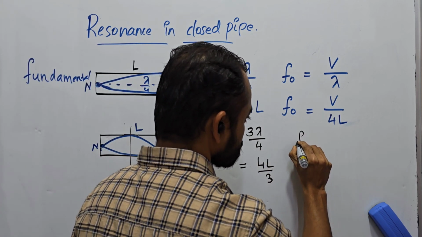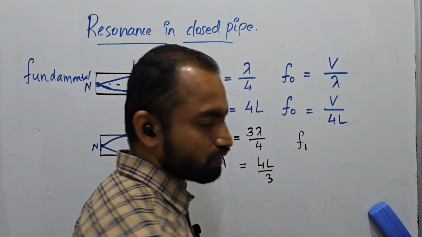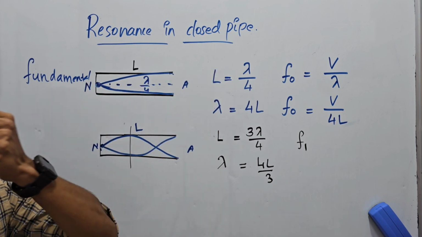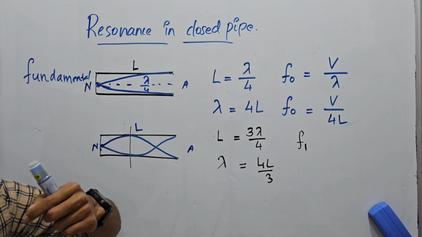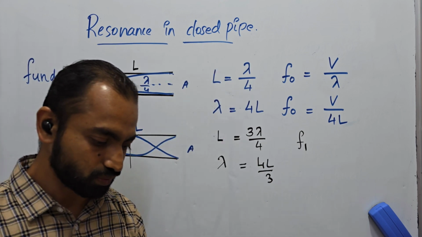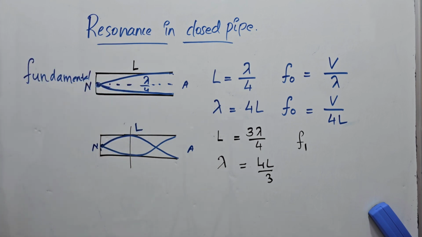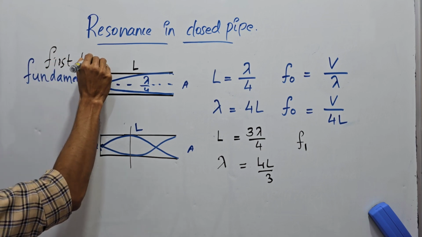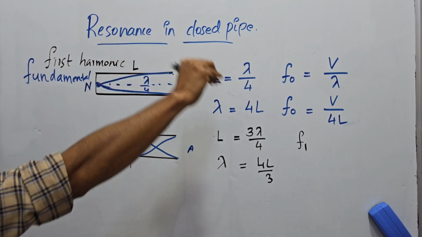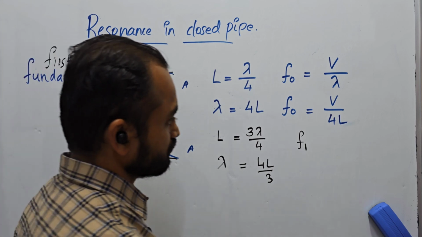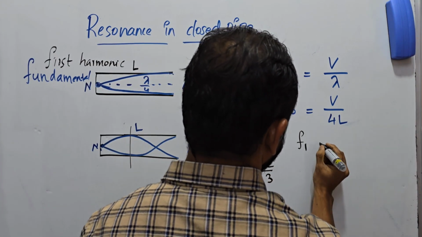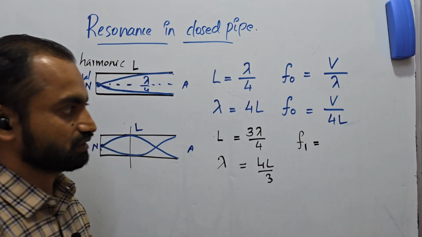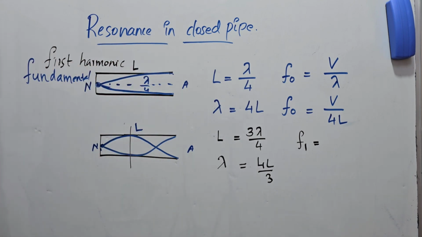Then we will go to the frequency. The next frequency is the first after the first one, so we call it the first overtone or second harmonic. The fundamental one is the first harmonic. Yeah, we call it overtone.